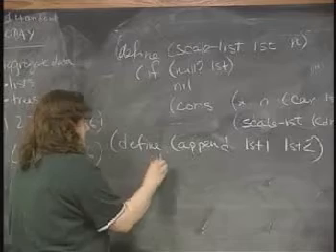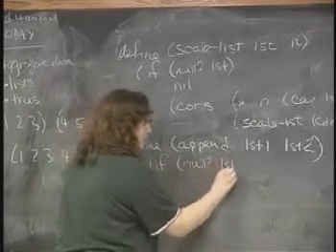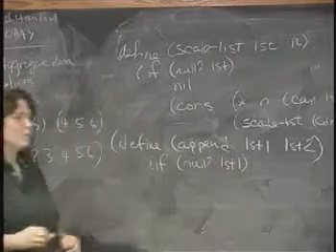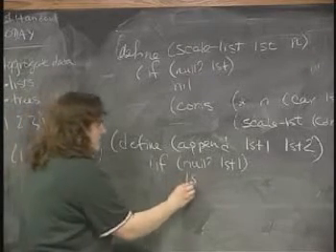So what I'm going to say is if list 1 is null, what should I return? List 2.